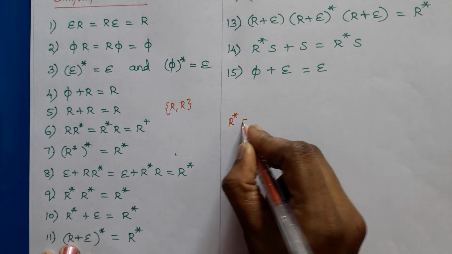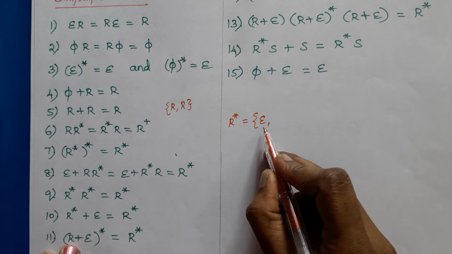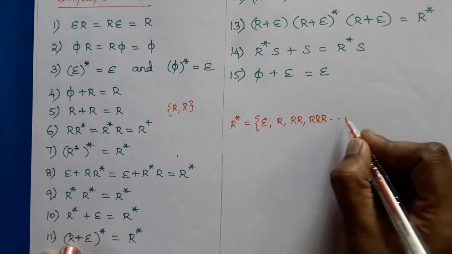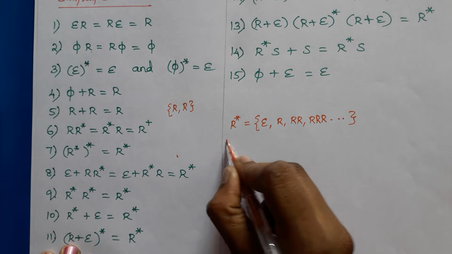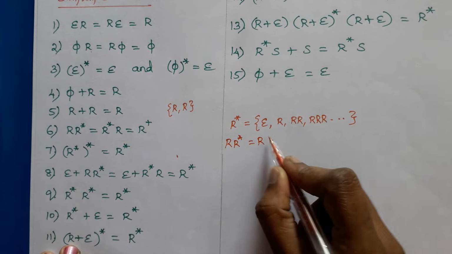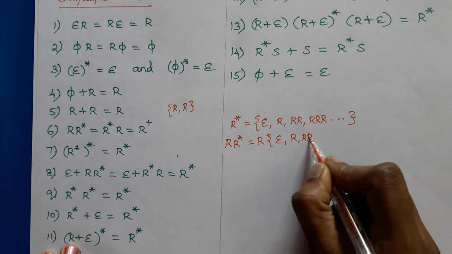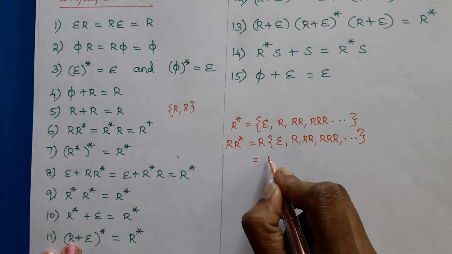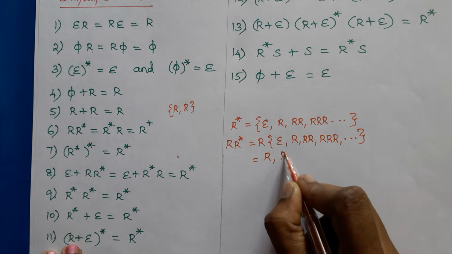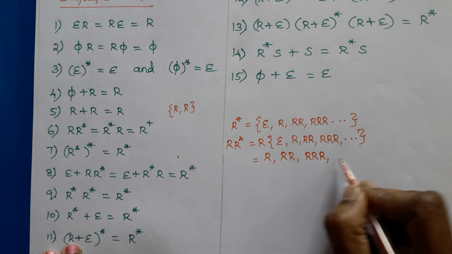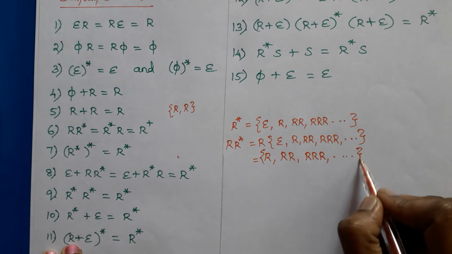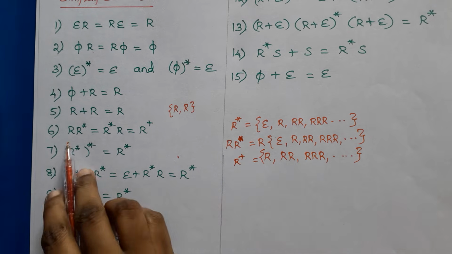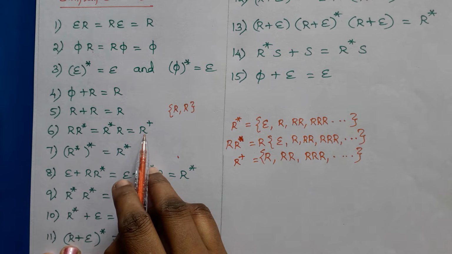R star means any number of r: 0 number of r means epsilon, then 1 r, 2 r's, 3 r's, etc. If you concatenate r with r star, we get r concatenated with epsilon is r, then rr, rrr, etc. Any number of r's except epsilon, which can be written as r plus. So r star r, or r r star, gives r plus.